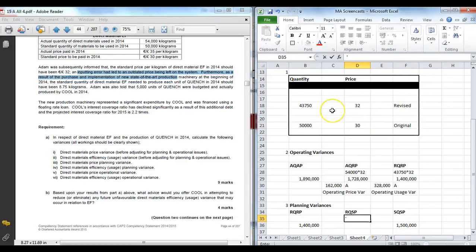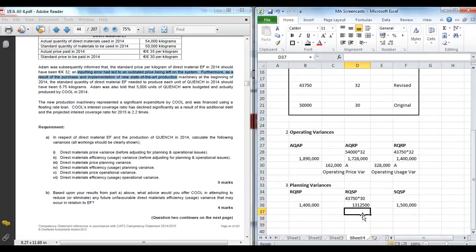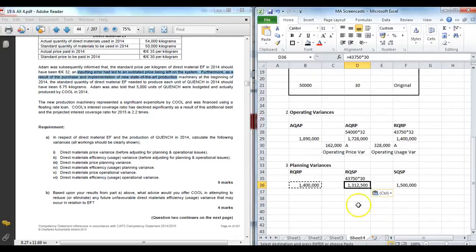So your RQ is 43,750, and your standard or original price would have been 30. I should put in 30 there. So 43,750 times 30. And just change the format. So in this case, we're comparing same quantity, but we're changing the price.